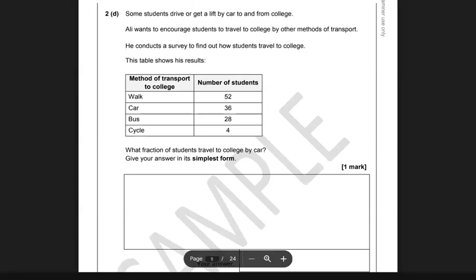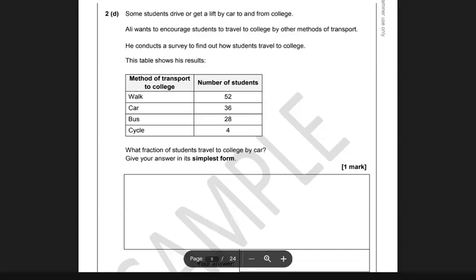It conducts a survey to find out how students travel to college. This table shows its results. What's the fraction of students who travel to college by car? Give your answer in simplest form.